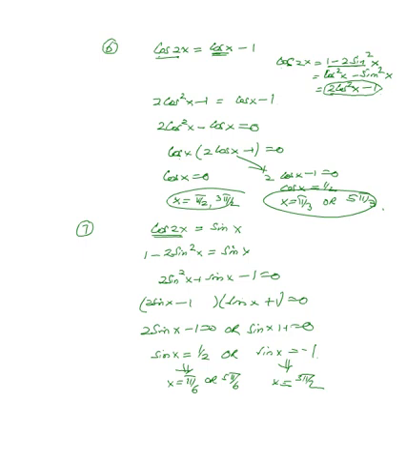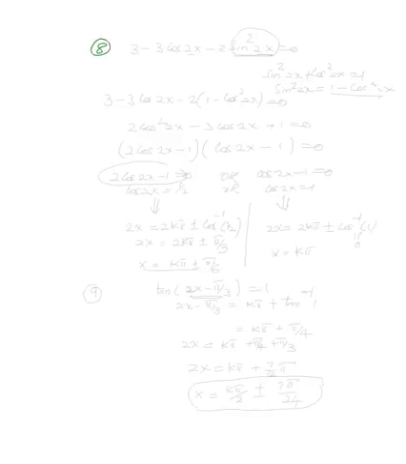Now let's look at another example. We call it example 8. Here we have 3 minus 3 cosine of 2x minus 2 sine squared of 2x equals 0. Now here all of the angles are in terms of 2x, so the only thing that we have to figure out is how do I change sine to cosine or cosine to sine.